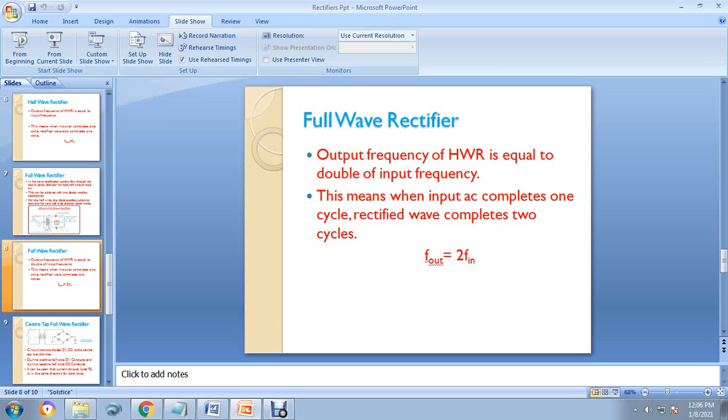And the efficiency achieved in the full wave rectifier is 81.2%, which is double that of the half wave rectifier. So now we have these many advantages, is it right? Then why are we going for the other rectifier, which is the bridge rectifier?